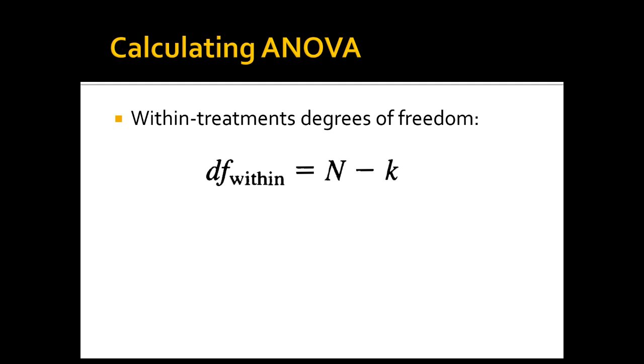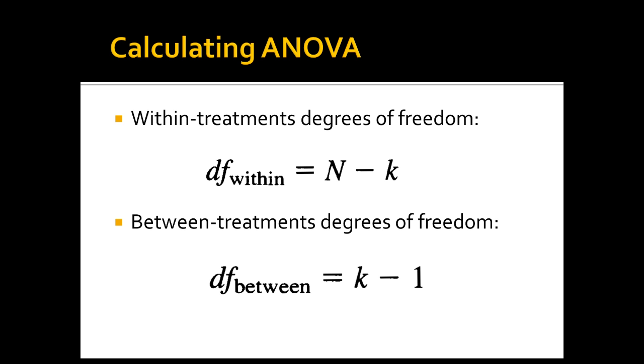In this case it'd be 4, looking back at the example of freshmen, sophomores, juniors, and seniors. Or if you want to go back to the recent example, the 3 different temperature conditions would make K equal 3. Degrees of freedom between treatments would be K minus 1, so in the temperature example, it would be 3 minus 1.